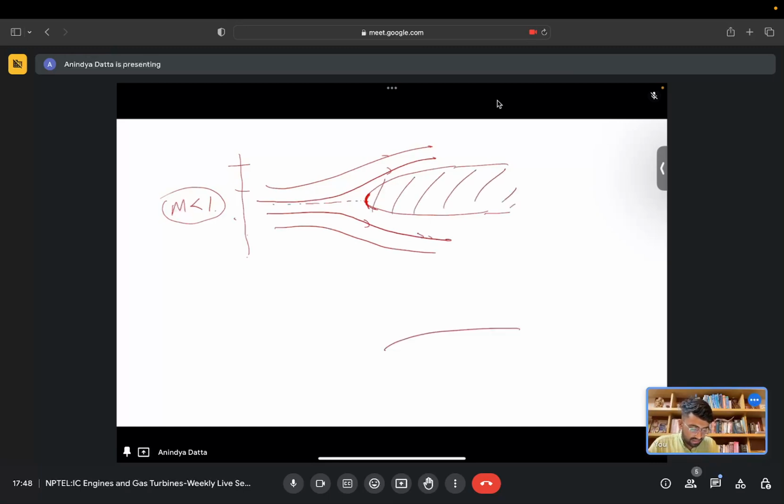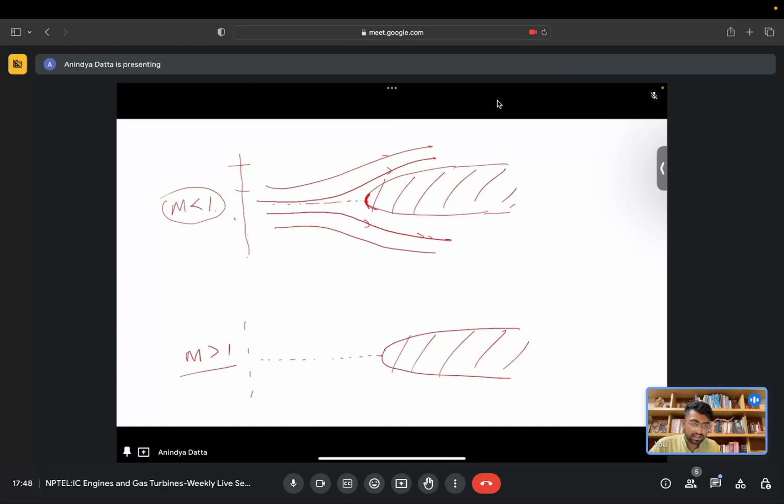Now again, if you have an inflow Mach number greater than 1, the flow velocity is much higher than the speed of sound. Let's say one fluid particle comes and hits here.